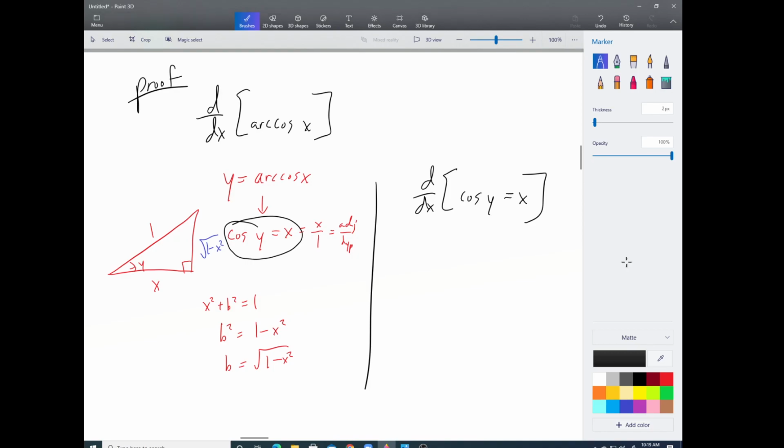And the derivative of a cosine is a negative sine. Your variables do not agree. You have a y and you're taking the derivative with respect to x, so you do have to multiply by the derivative of y with respect to x. And then we're going to take the derivative of the other side, and we get out just 1.